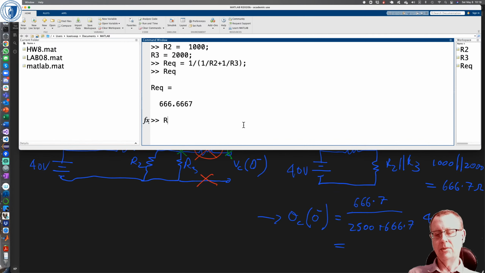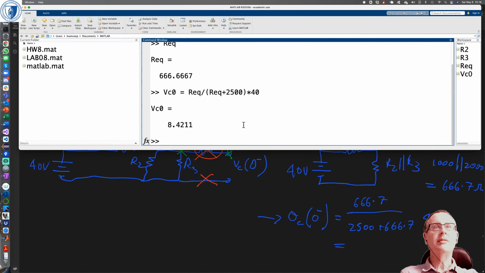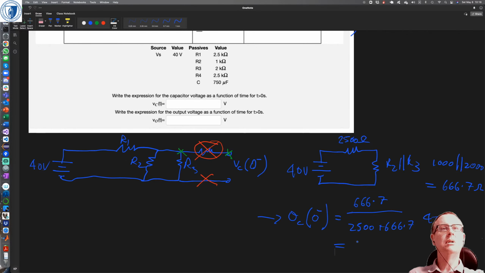So it's REQ divided by REQ plus 2,500 times 40. So VC0 is 8.42. Okay, so that's the initial condition.